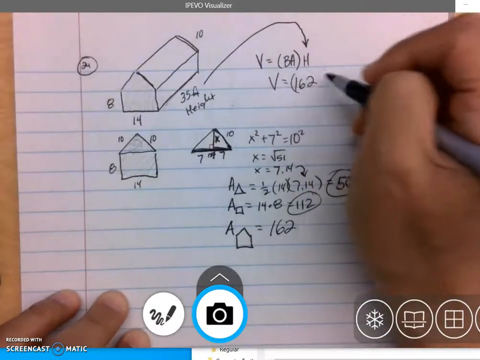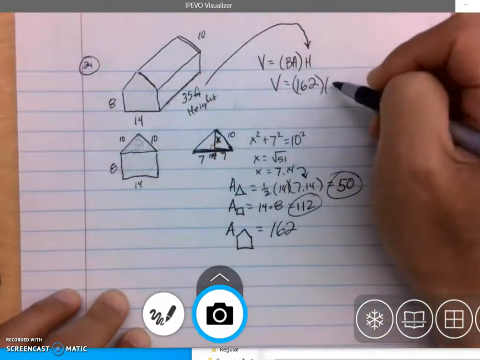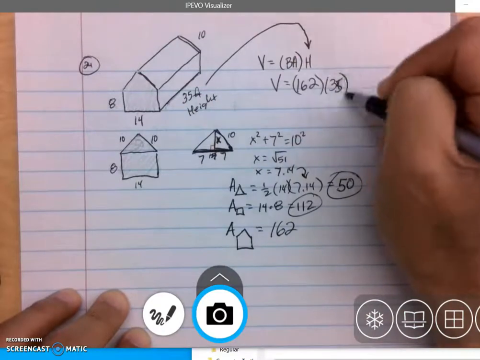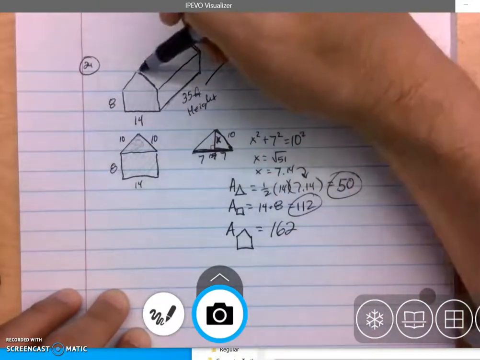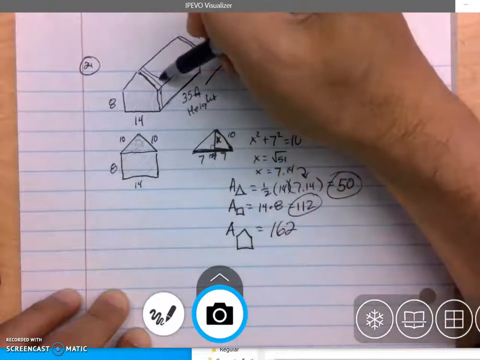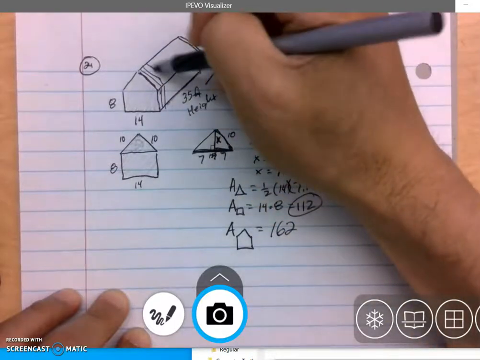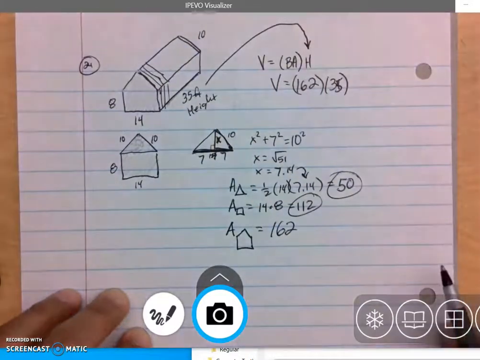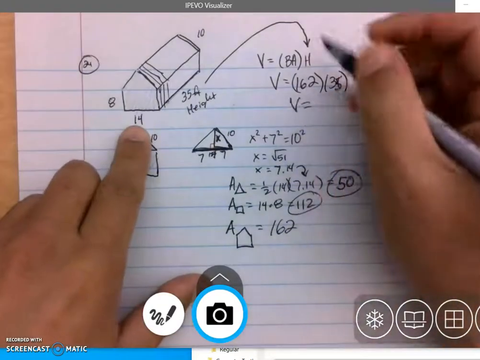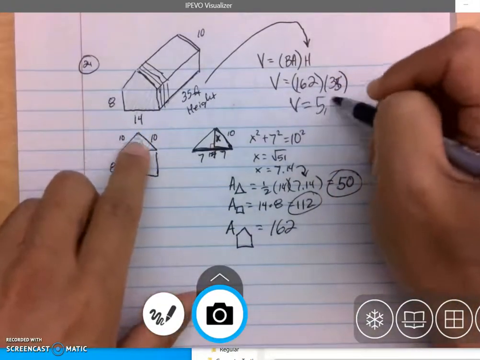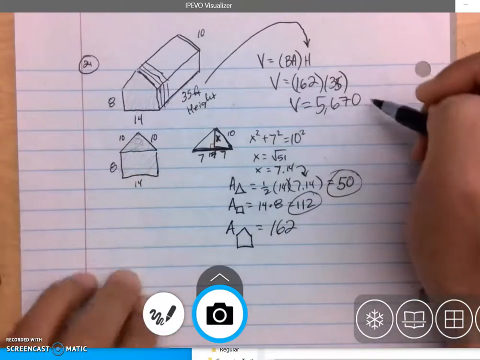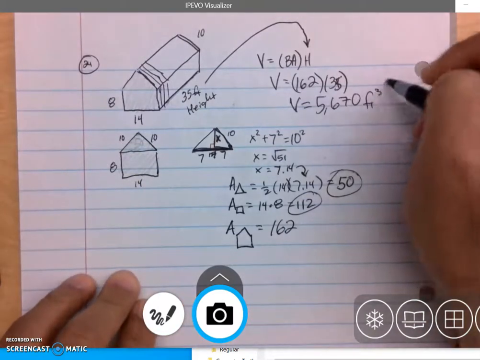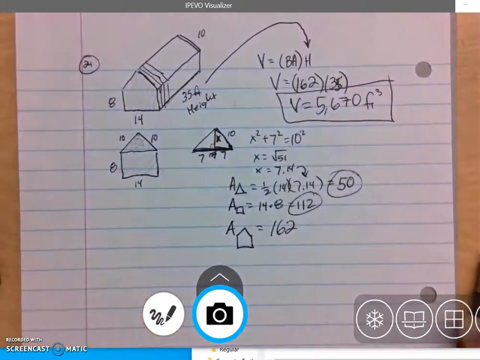And then we multiply it by the front to back height of 35. 35, because if it's 162 here, there's 35 of these slices in here. And of course, I'm not going to draw all 35, but that would be the volume. And this turns into 5,670 cubic feet should be the volume of the entire greenhouse.